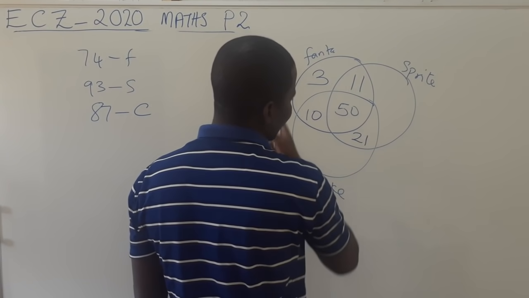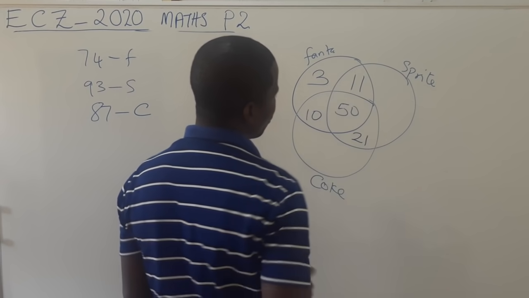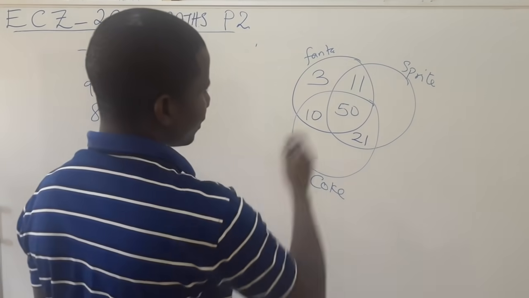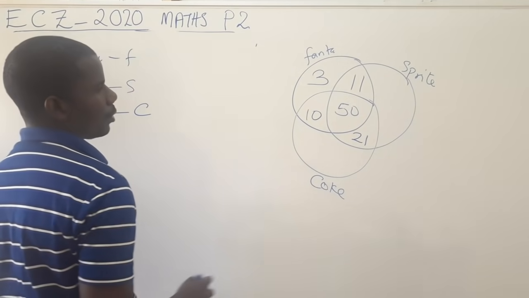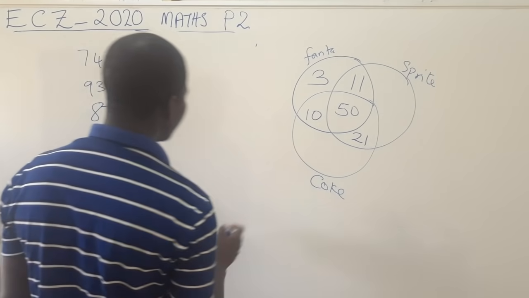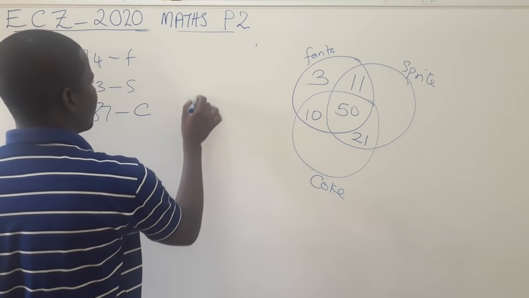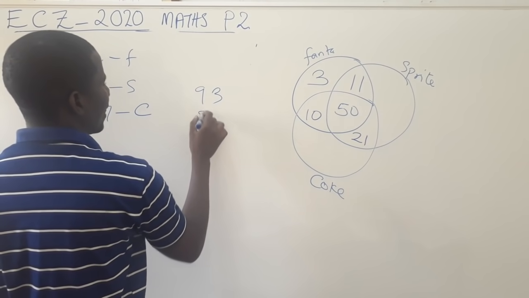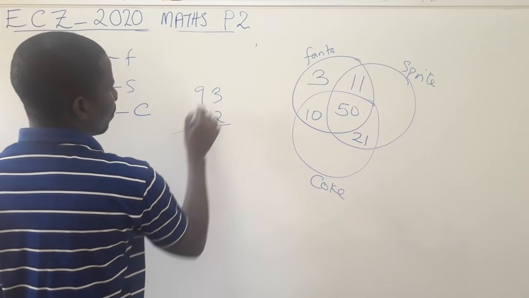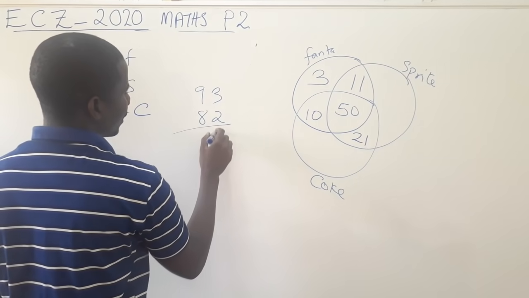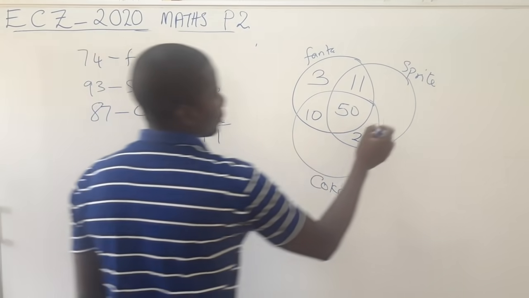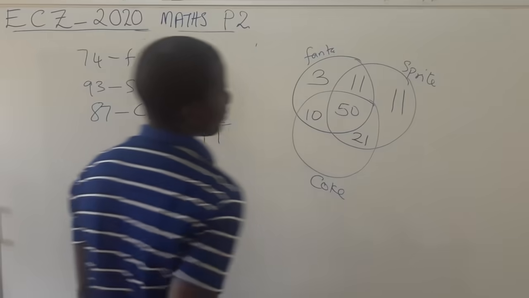So this is going to give us 82 here. If we're going to get 82, then it means that we are going to have 93 minus 82. What do we get? You are going to get 11. So those that are 11, we put them here.